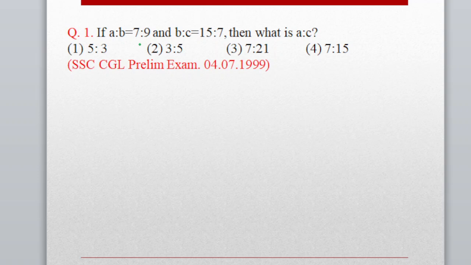If A is to B is equal to 7 is to 9 and B is to C is equal to 15 is to 7, then what is A is to C? Now here A is to B means A by B. So A by B is equal to 7 by 9 and B by C is equal to 15 by 7.